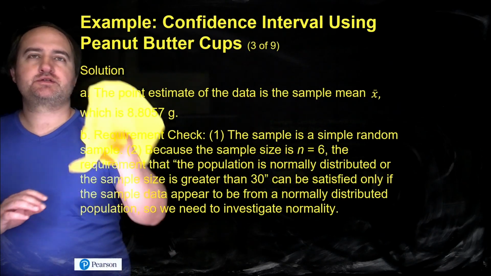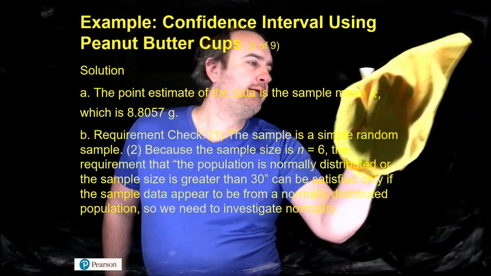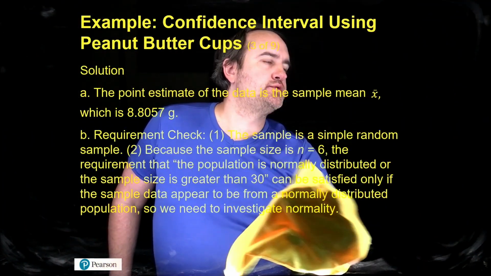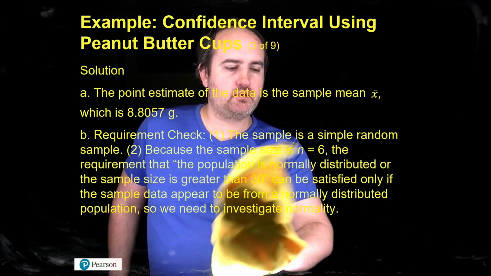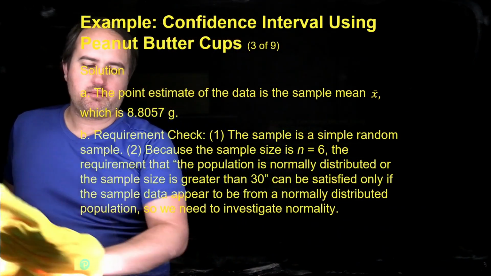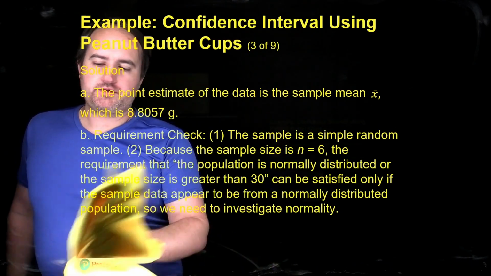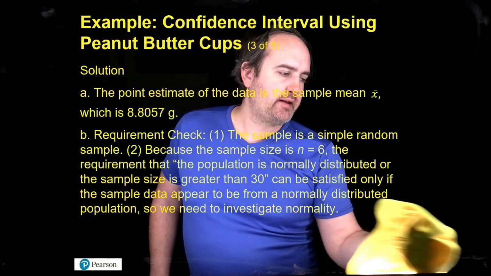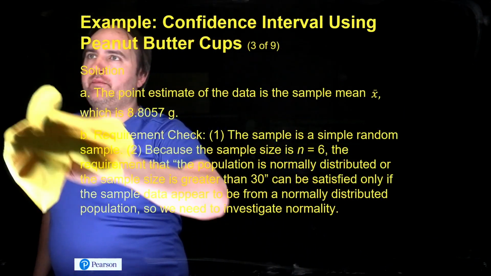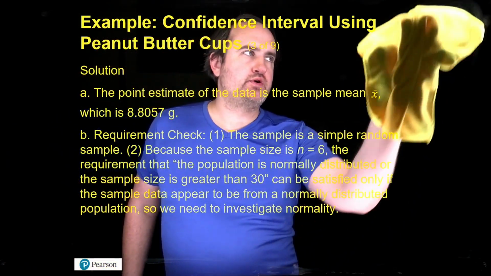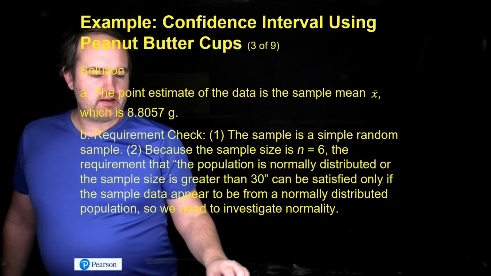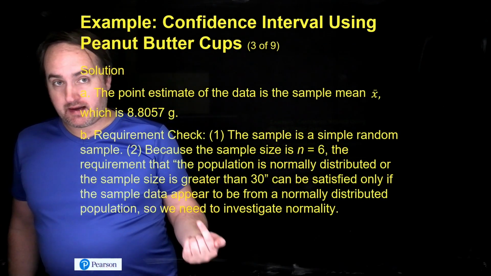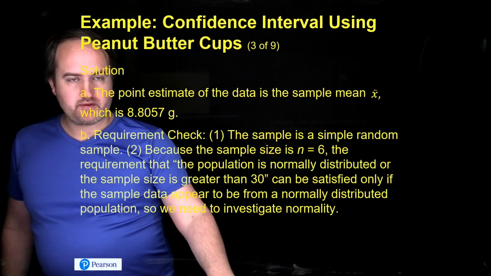This is the kind of stuff that you would have to do if you were doing statistics in the real world. But we're doing elementary statistics here, so like I said, we're not going to have to actually determine whether the distribution is approximately normal. But just in case you're curious how you would do this in the real world, it's on the next slide.